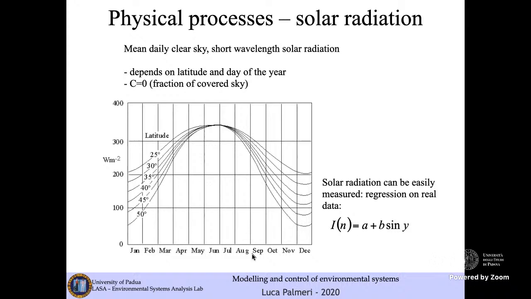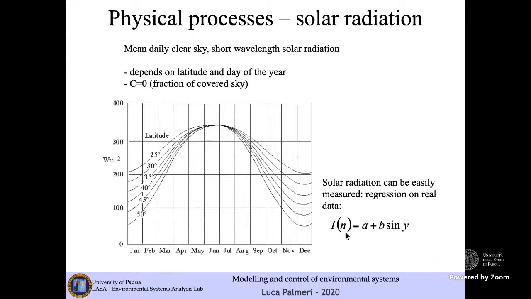These curves may be very well modeled by a simple model, by making a regression on real data and obtaining a function that gives us the intensity of solar radiation as a function of the day of the year.